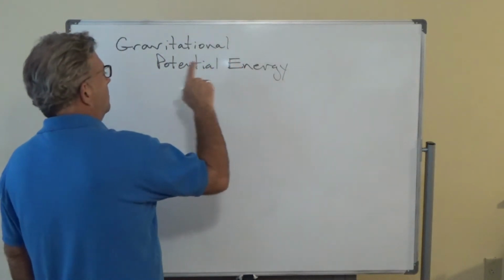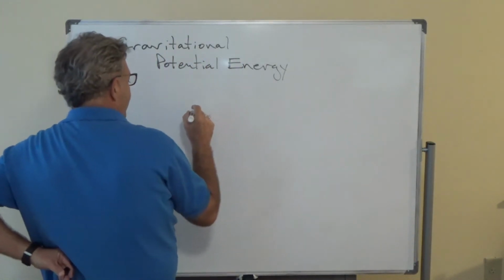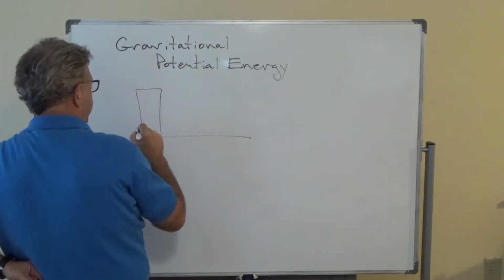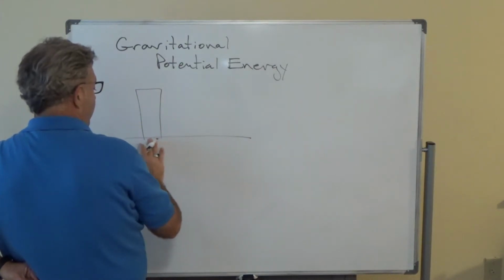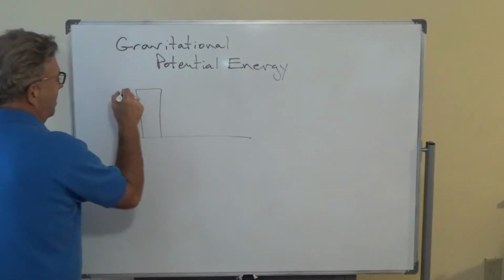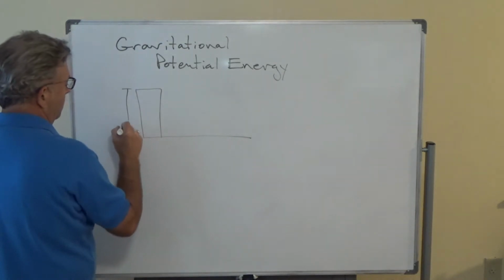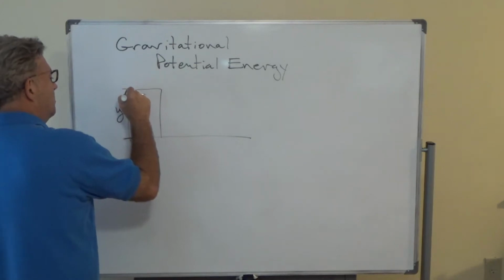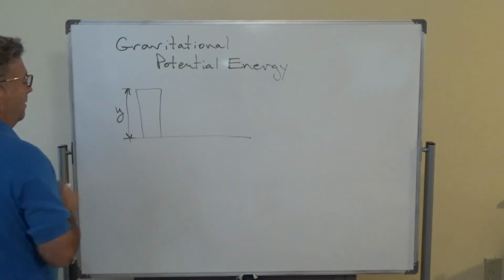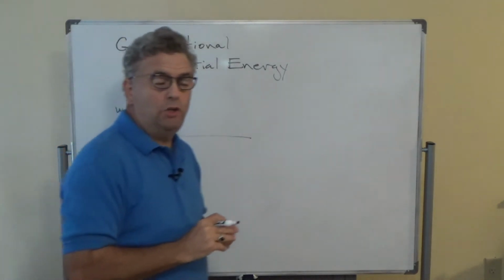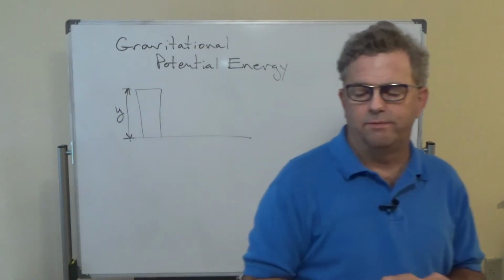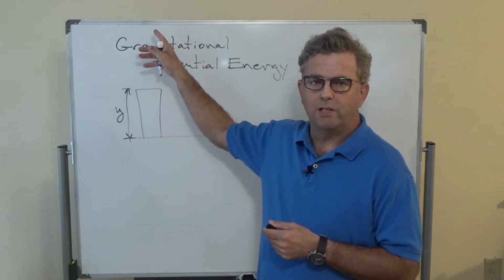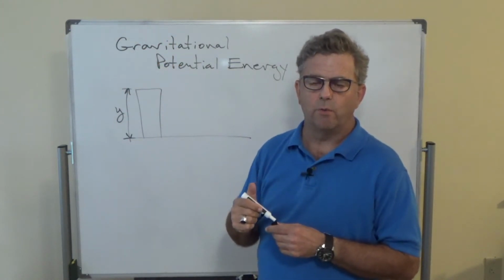So let's think about, at first, a simple case. Here's a building, and it has a height y. I'll use this idea that we've used, that this is the y direction for free fall and so forth.